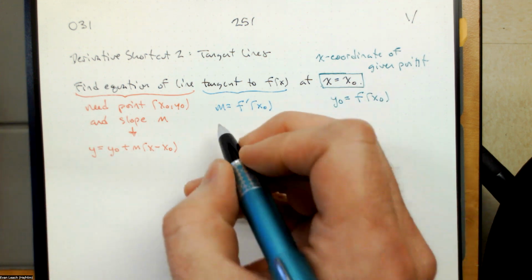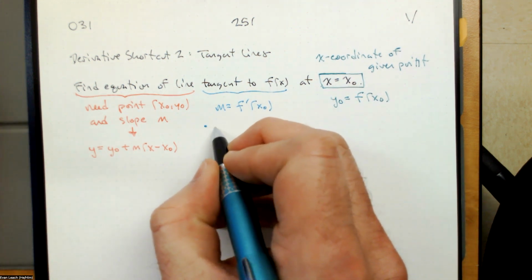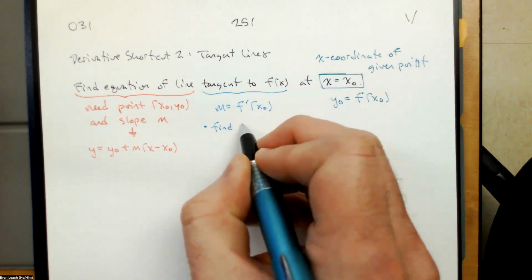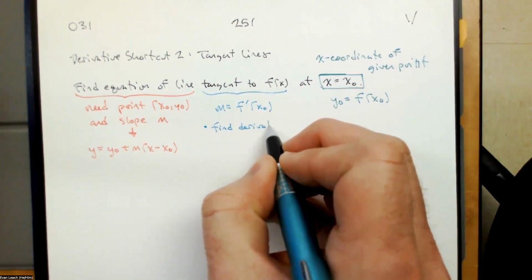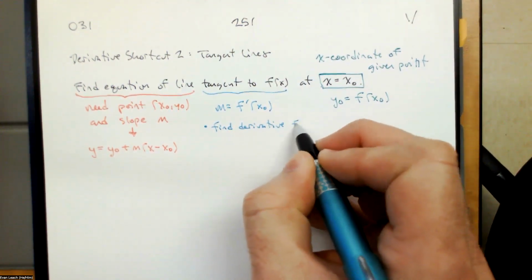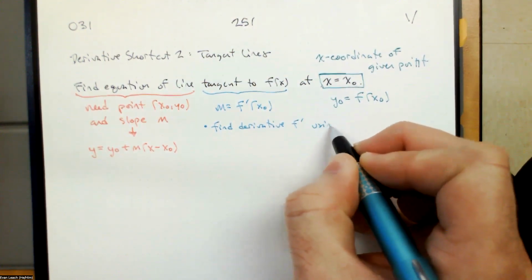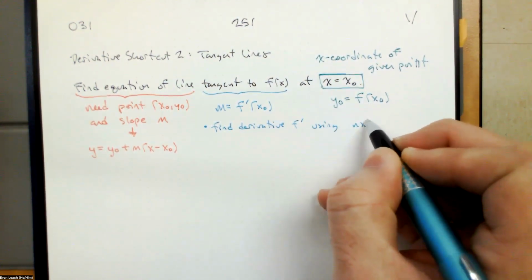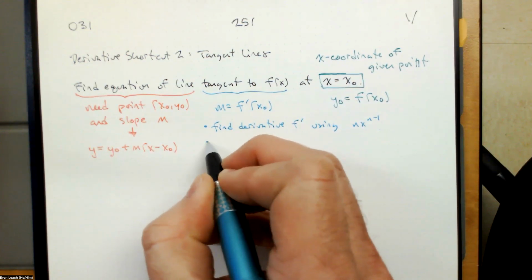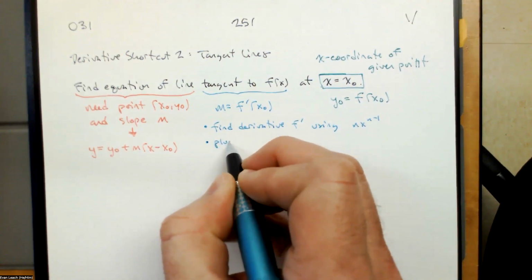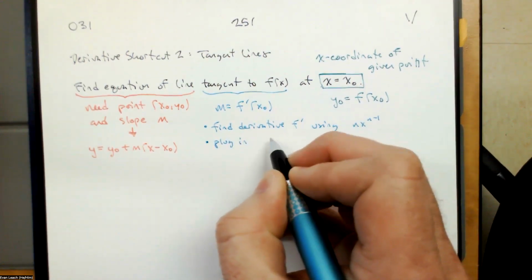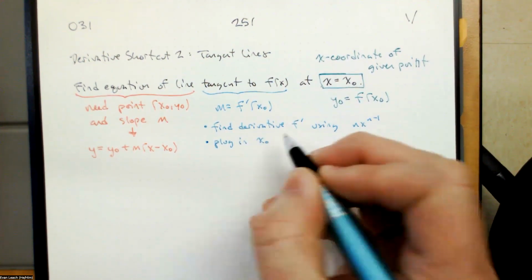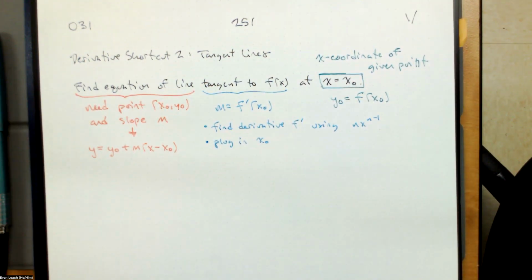So for this, we find the derivative using n x to the n minus one, and then we'll plug in the x naught.